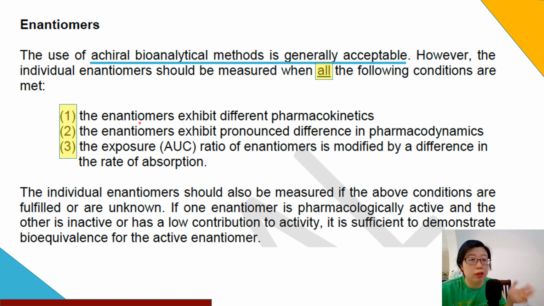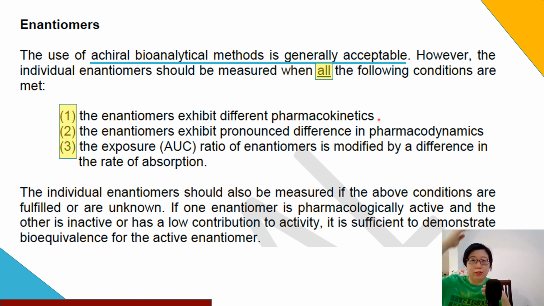The first one, the enantiomers exhibit different pharmacokinetics. So maybe, just as an example, the R stereoisomer reaches the Tmax and Cmax very quickly, and it goes up very quickly. Maybe the S stereoisomer just goes up very gradually and goes down and gets eliminated very slowly as well. So that is very, very different. The second one is they exhibit pronounced differences in pharmacodynamics.